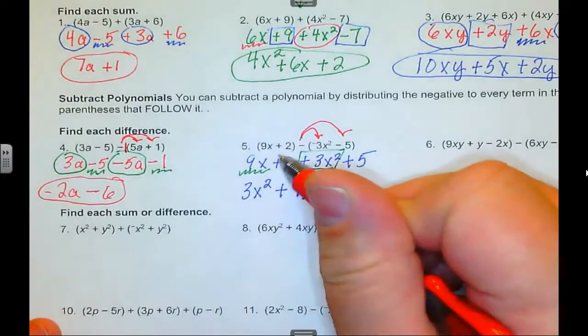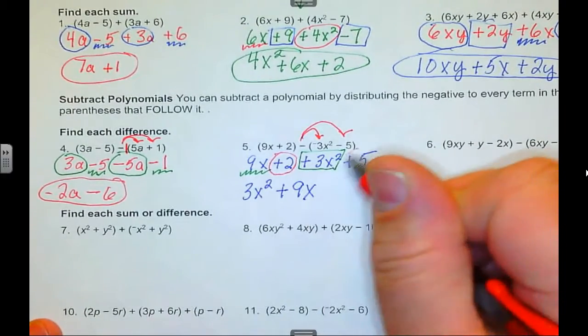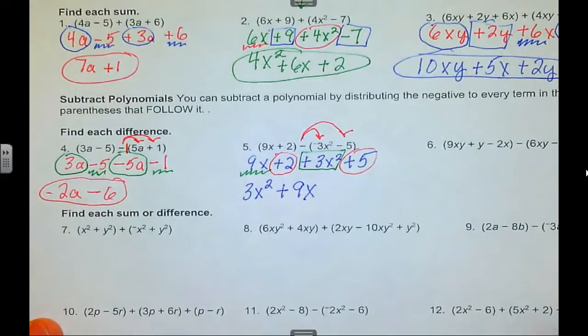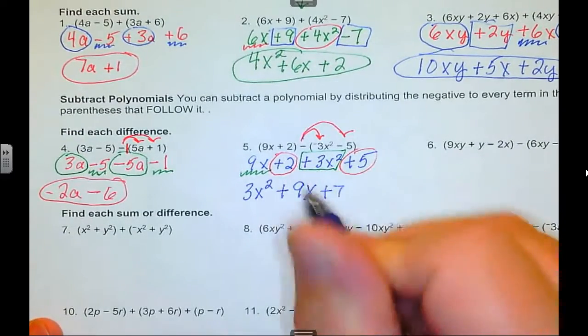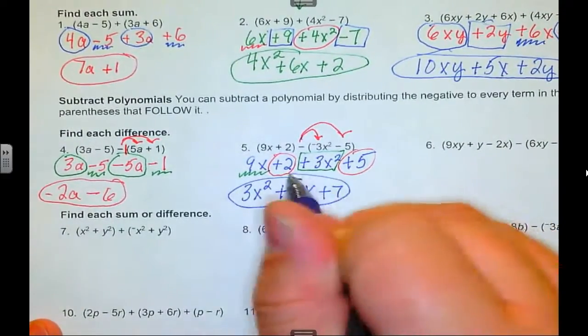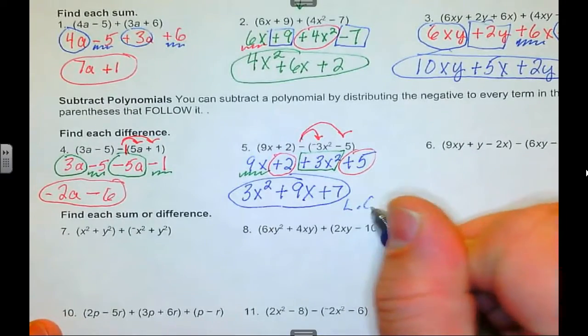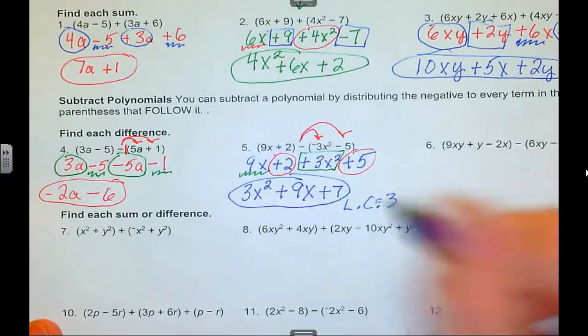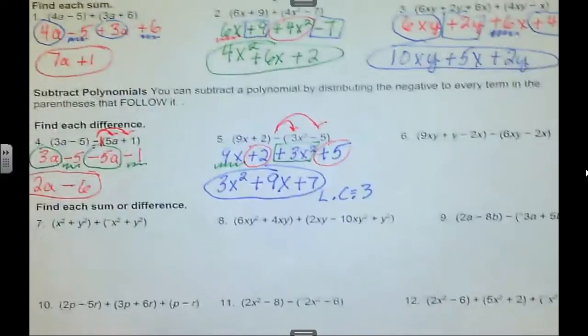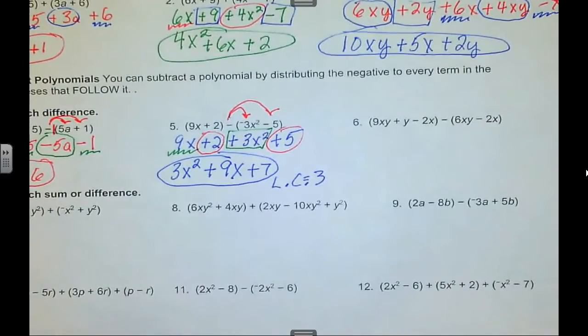And then plus 2, plus 5, plus 7. By the way, what's my leading coefficient here? 3. From yesterday, 2 days ago. It's on your quiz, which you're doing today too.